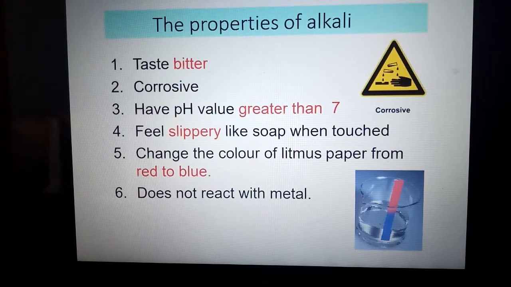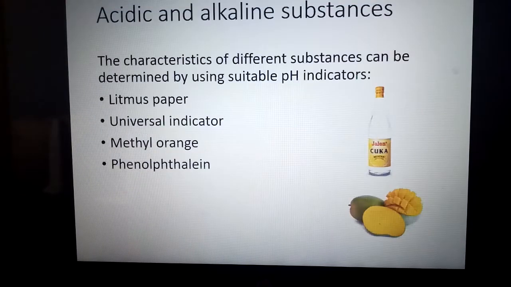Weak alkaline is pH 8, pH 9, 10, 11, 12, and 13. Most of the alkaline feels slippery like soap when touched, rasa licin bila sentuh, and changes litmus paper from red to blue. And alkaline doesn't react with metals, so no production of hydrogen gas.